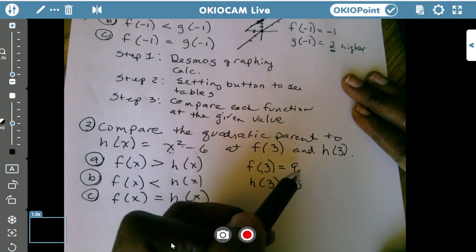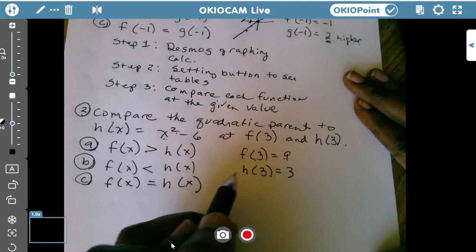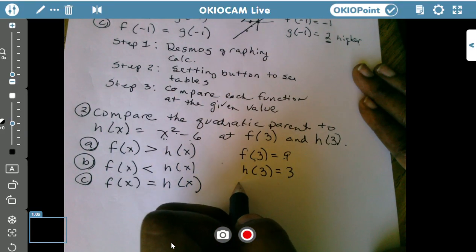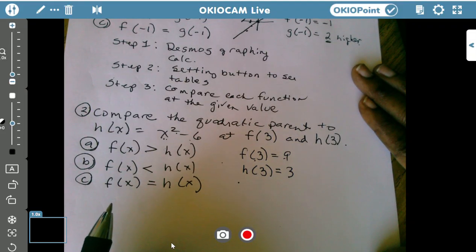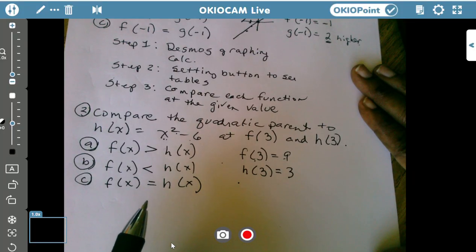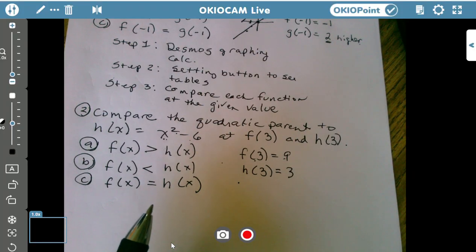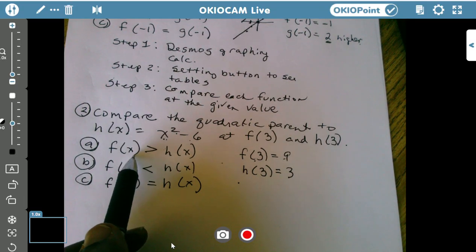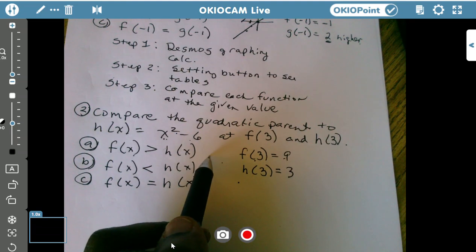And then 3 squared for the parent is just 9. So the first function is greater than the second function. I wonder if I did that wrong.